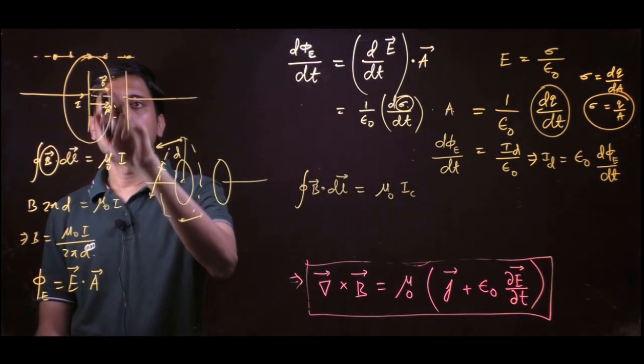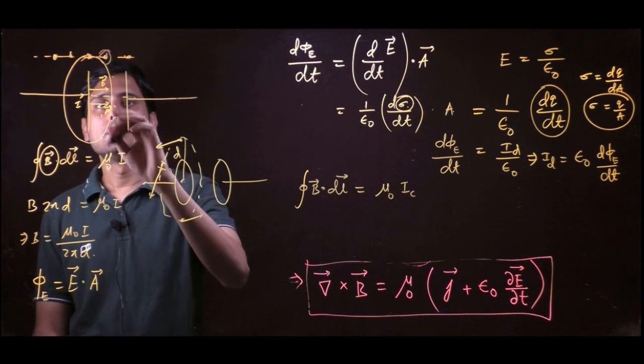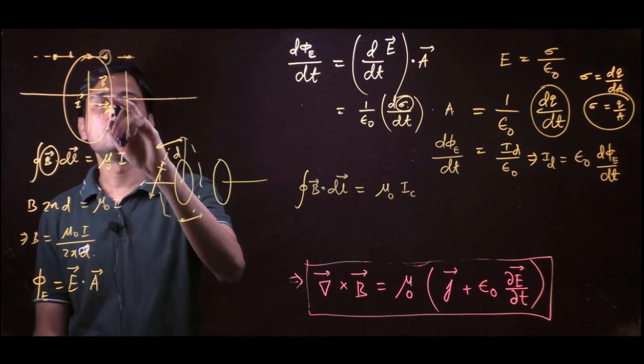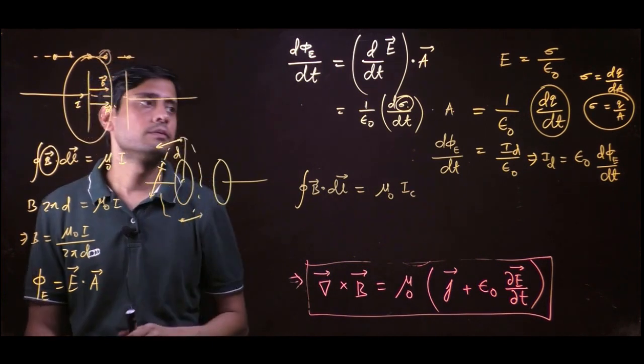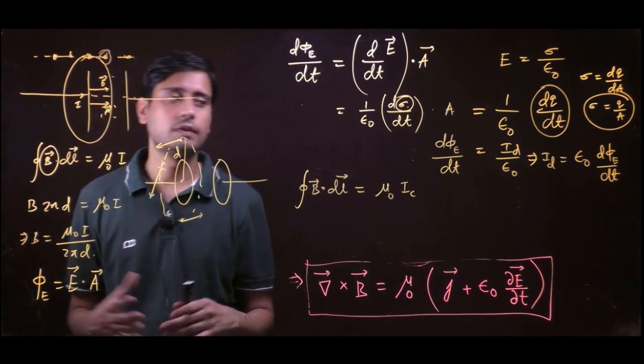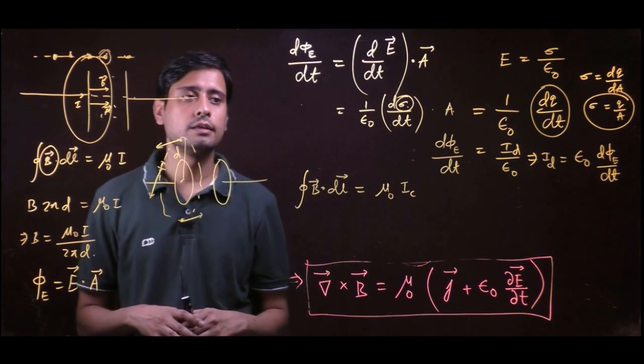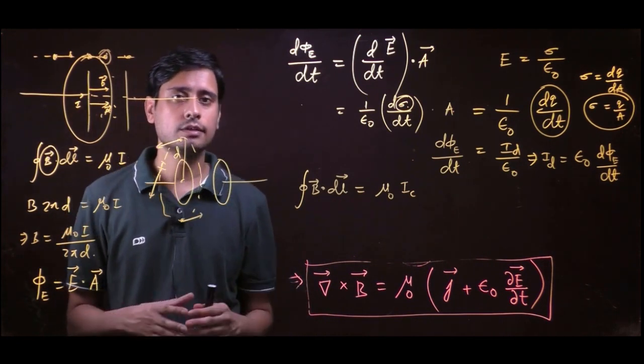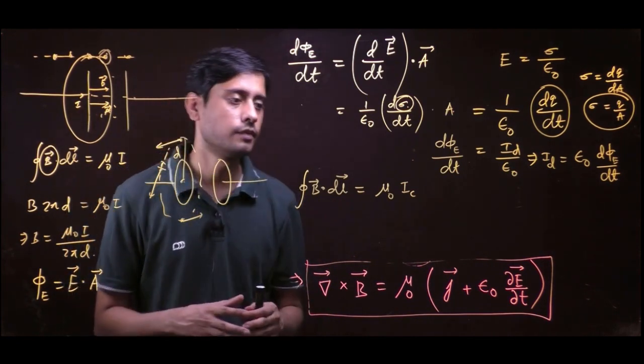Now as you know, at this point there was no current, and the changing electric field produces the effects of a magnetic field. So you can say that a changing electric field is a kind of current.